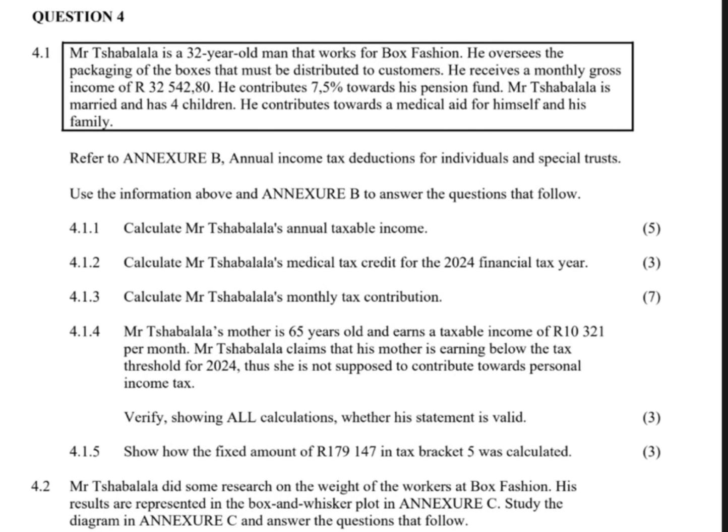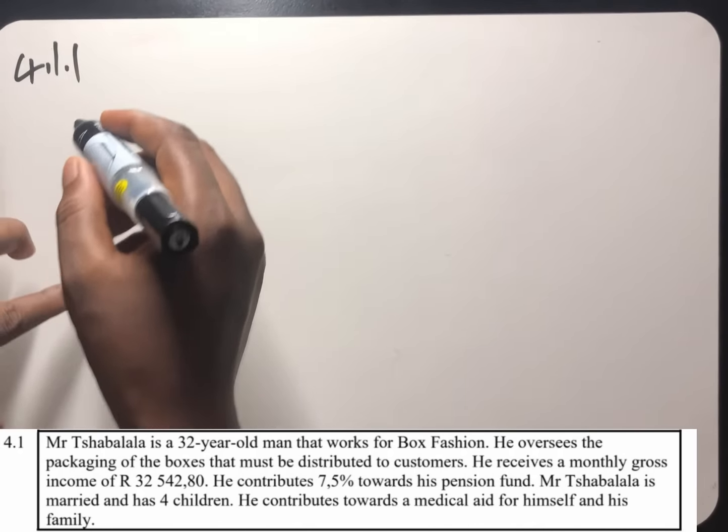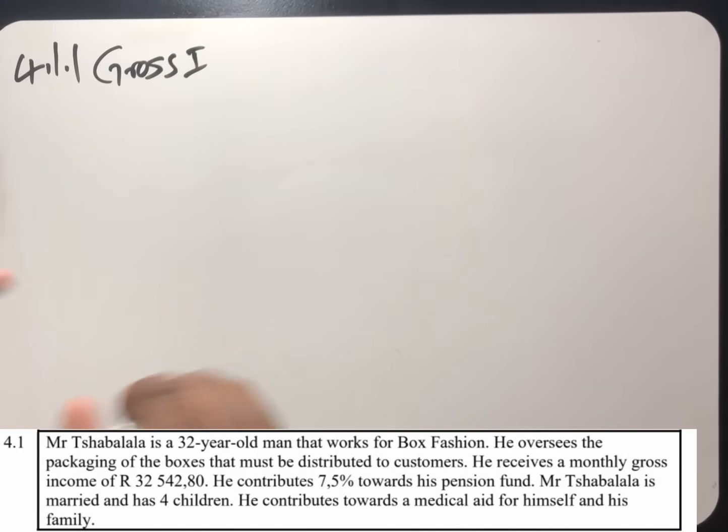For us to calculate the annual taxable income, we have our monthly gross income, and we must first determine our monthly taxable income. Then we multiply that monthly taxable income by 12 to get our annual taxable income. So the first step, let's look at our gross income.